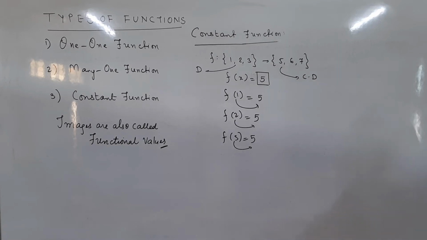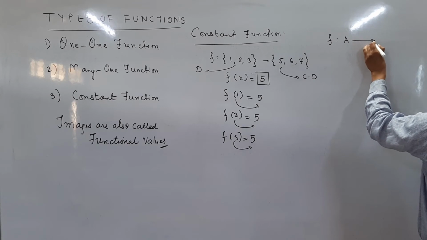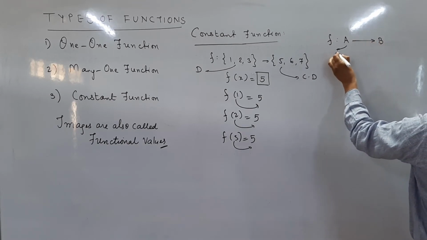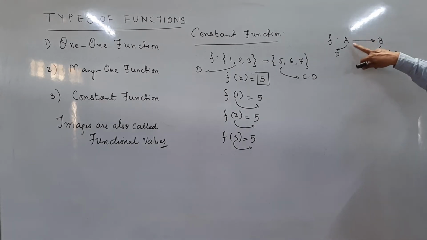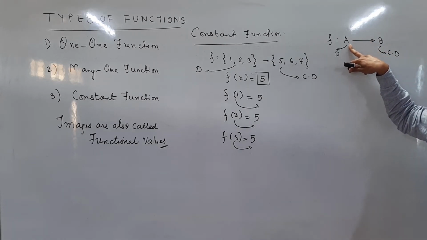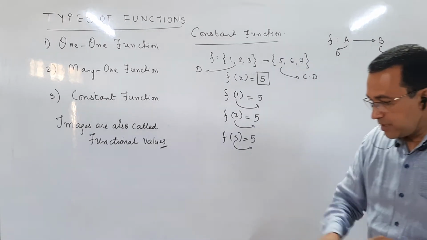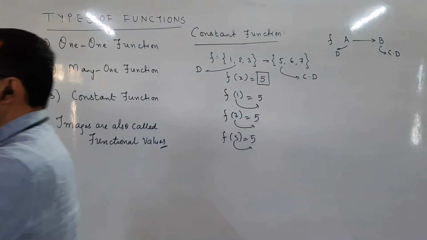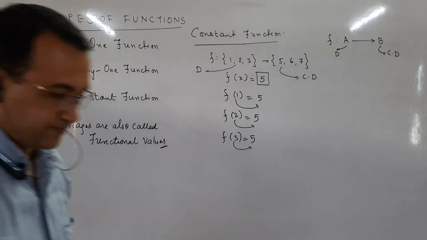So the definition goes like this. Suppose f is a function defined from A to B. A is domain, B is codomain. If each and every element of domain has same image in codomain, or if each and every element of domain has same image or functional value, then such a function is defined as a constant function.